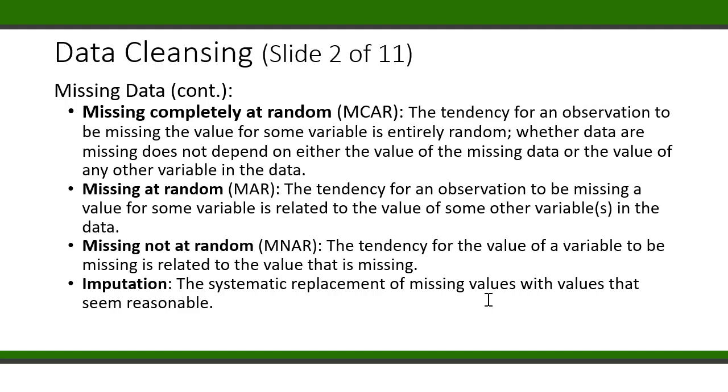So as we mentioned earlier, if you don't want to throw out the variable and you don't want to throw out the record or the row of data that you've collected, then you might want to replace those missing values with something that seems reasonable. Sometimes it might be the average of the other variables for similar responses, but then you have to think about what are the similar responses.